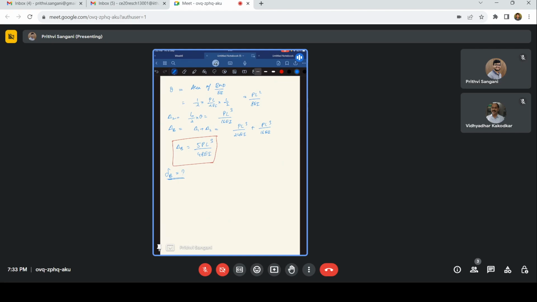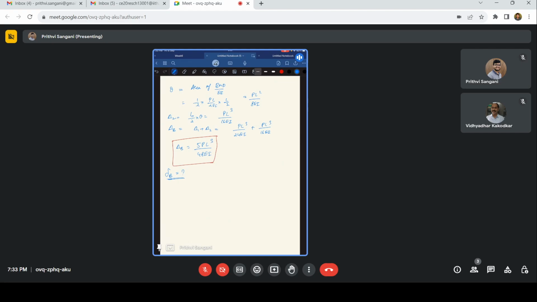You can use the same flexibility matrix, but the only thing you need to change is these terms, which will actually be the displacements because of this load, delta B and theta B. That's why I did not further simplify this one. Otherwise, like you said, yes, we can further simplify, and we can directly find out VB and MB.